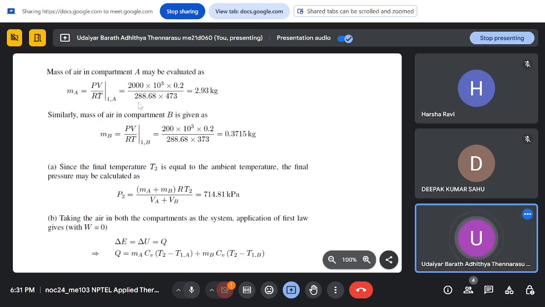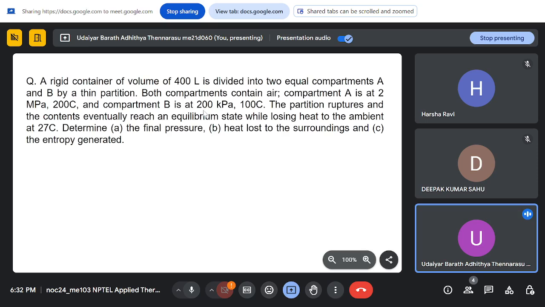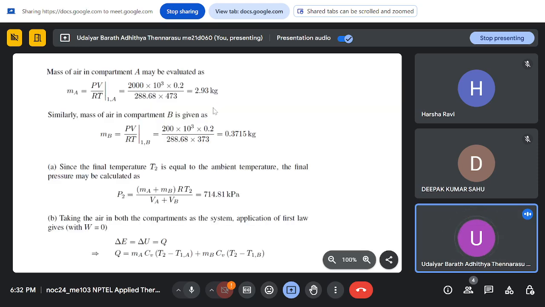Divide by R, the universal gas constant divided by molecular weight, which for air is 288.68, into temperature. Temperature given is 200 degrees Celsius, converting to Kelvin is 200 plus 273, which gives 473. Substituting this, the mass of air in compartment A is 2.93 kg.